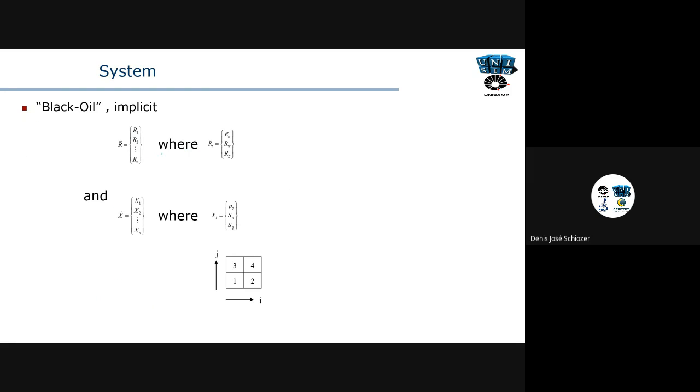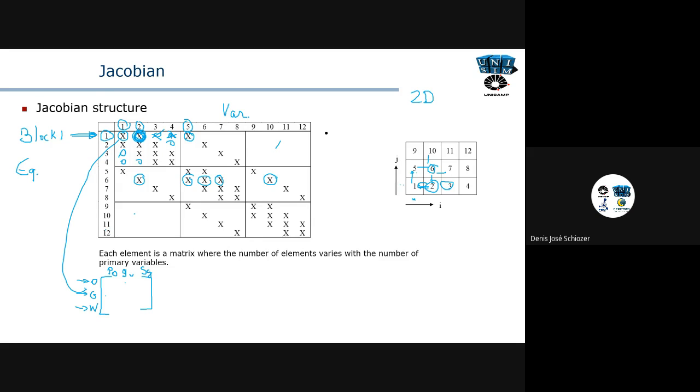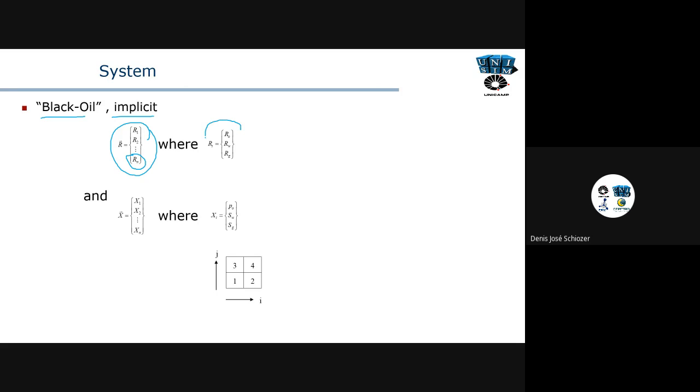Okay, for the black oil, if you use the implicit method, each residual is composed of n residuals, where n is the number of blocks we have. So in this case, we have 12 blocks, so we have 12 residuals here. And each residual is a vector of 3 residuals: a residual for the oil mass balance equation, a residual for the water mass balance equation, and a residual for the gas mass balance equation.